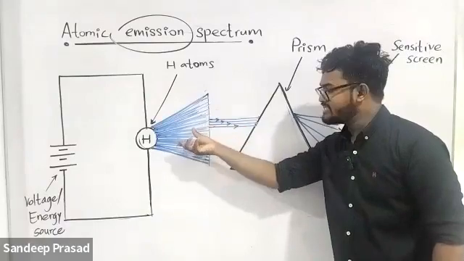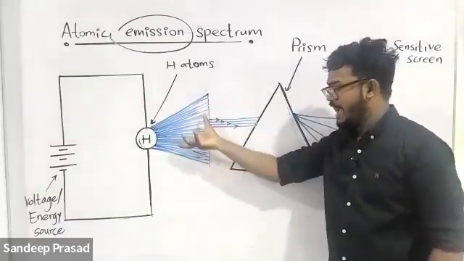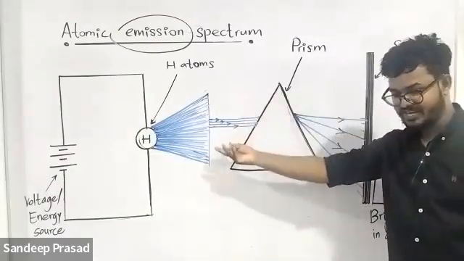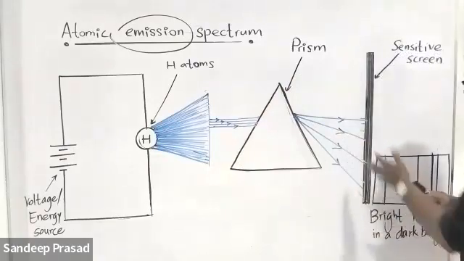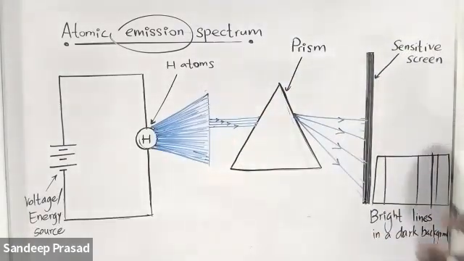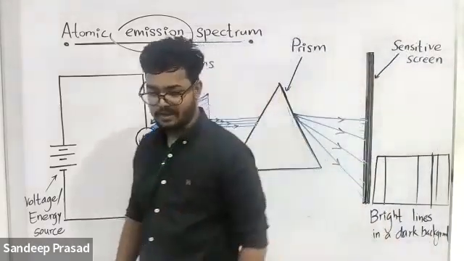We gathered those released energy radiations and analyzed them through a prism. The radiations were sent through the prism, and we analyzed them on the sensitive screen. On that sensitive screen, we can see bright lines in a dark background.